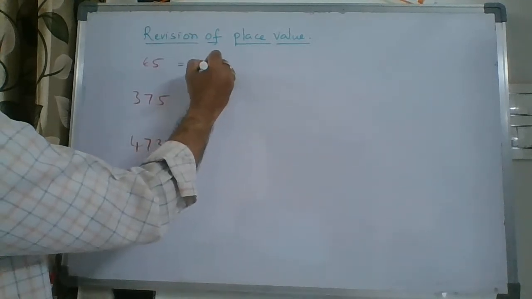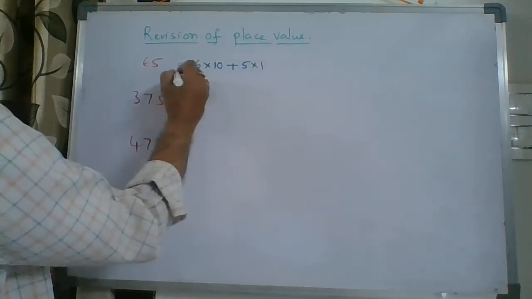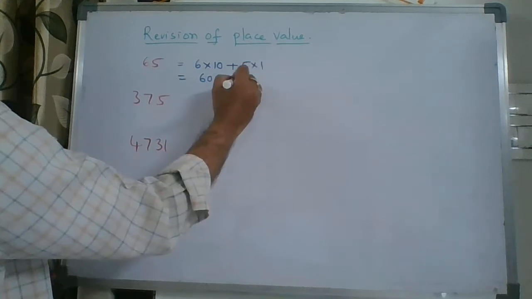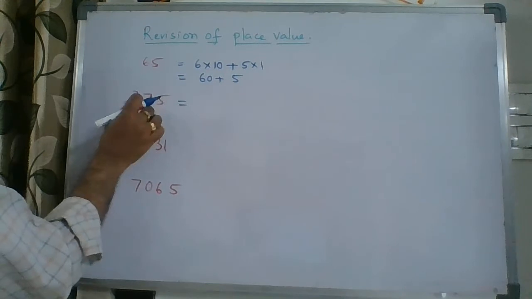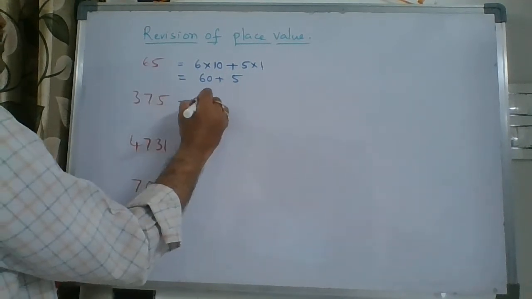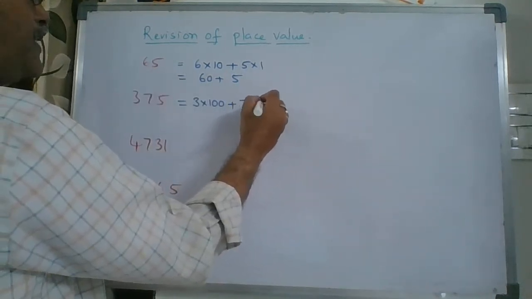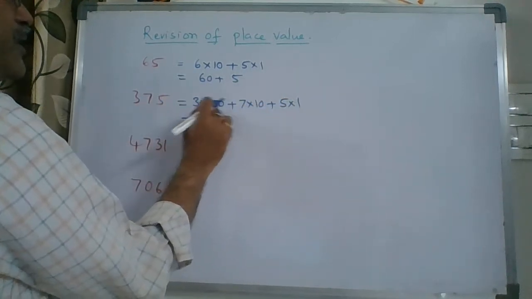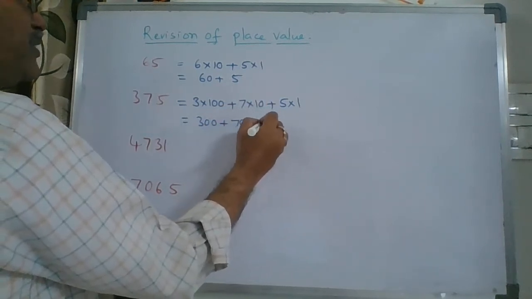So 6 into 10 plus 5 into 1, that is equal to 60 plus 5. This is known as the expanded form of 65. In the same way, this 3-digit number can be expanded. 3 is in hundreds place, so 3 into 100 plus 7 in tens place plus 5 in ones place. So this we can write as 300 plus 70 plus 5.